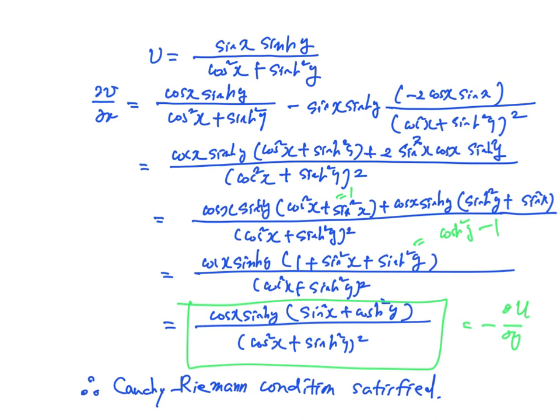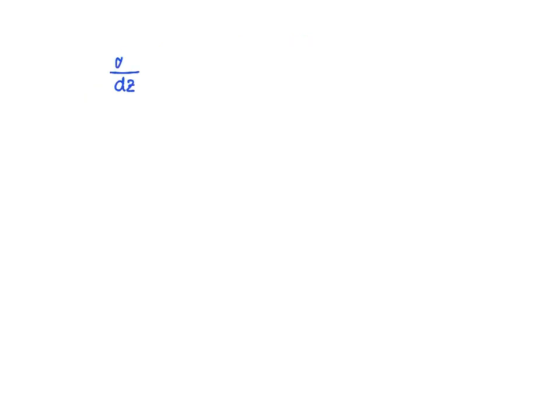A few slides. I still haven't figured out how to make a copy. So df/dz is partial x partial u plus i partial x partial v.